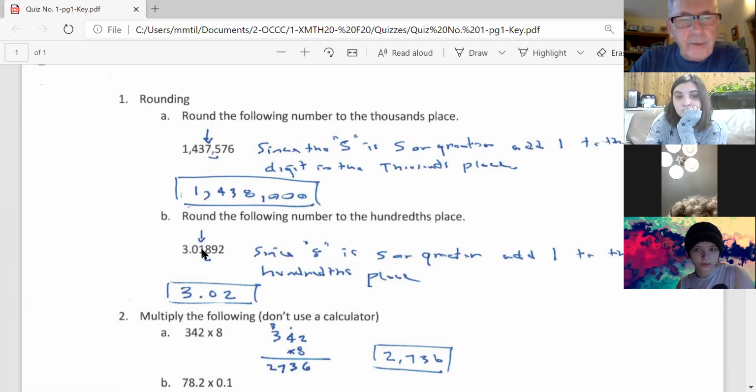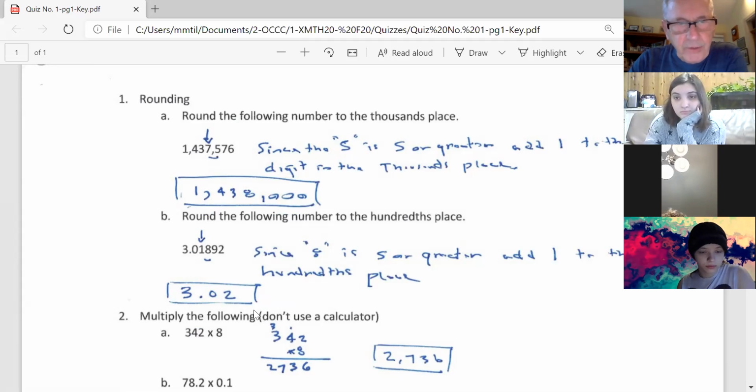So you'd add 1 to the 1, right? So that would become a 2. So it'd be 3.02. Don't put zeros after the 2. Just leave it like that. 3.02 would be the answer. Okay. It's not like with whole numbers where you would put zeros after that, but you don't when you're in the decimal area. Okay. You just leave it at 3.02.